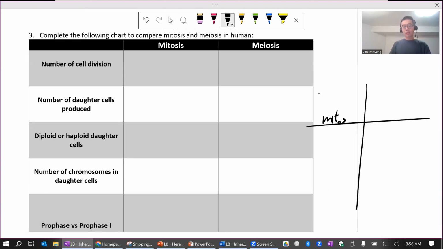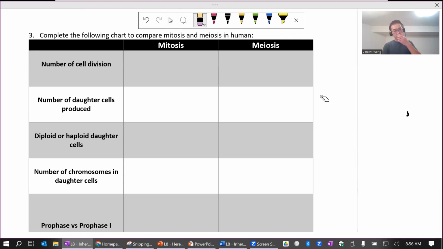Put mitosis here, and then put meiosis here. Okay, and then we're going to summarize some of the things that we've learned so far, just to keep track of the progress, right? So please help me out.